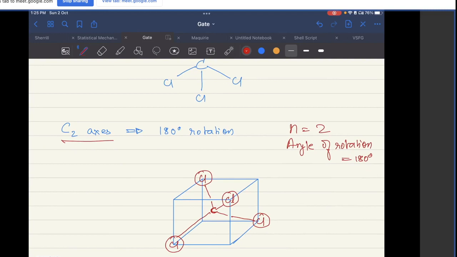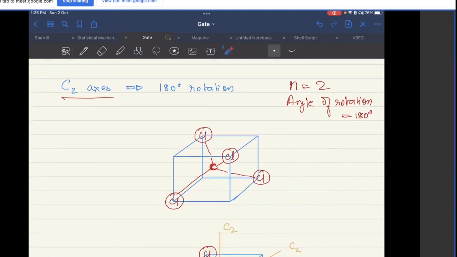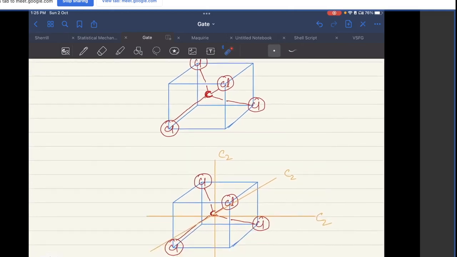So this is my molecule, and it is a tetrahedral structure, which is a little difficult to imagine. So I have drawn it in a cube, and you can now imagine how the Cl atoms are arranged in tetrahedral positions. This is my carbon here, and these are the 4 Cl atoms. If I do the C2 operation, it should be a 180-degree rotation.